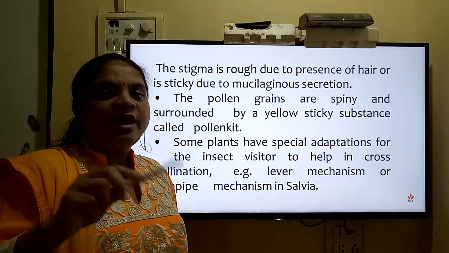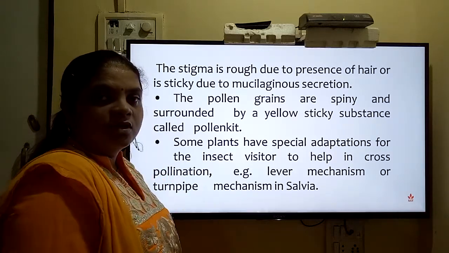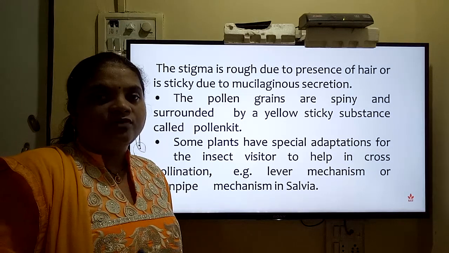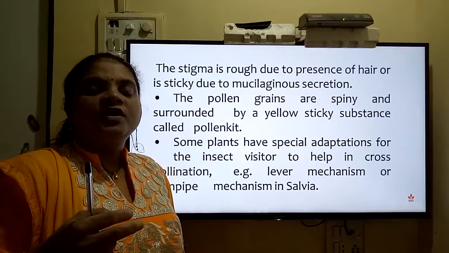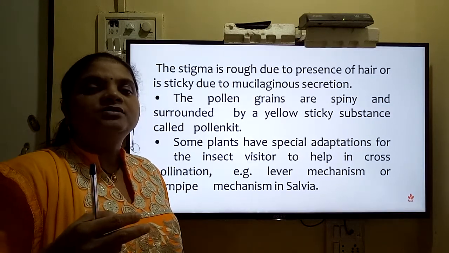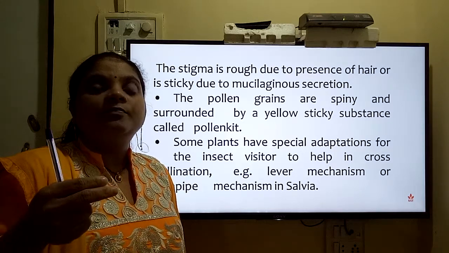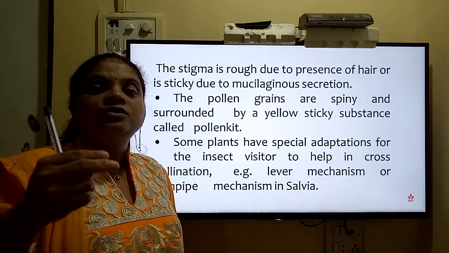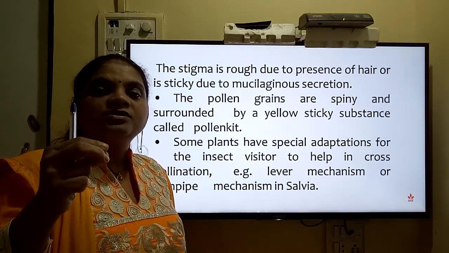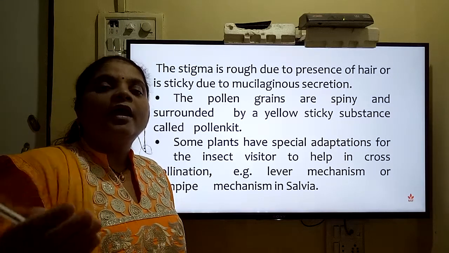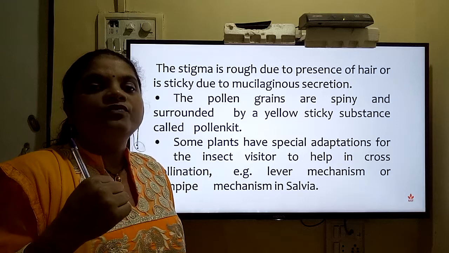There are two types of anther lobes, one fertile and the other sterile. The fertile is long and the sterile is short. The insect sits on the shorter sterile anther lobe, and the fertile lobe touches the wings of the insect.